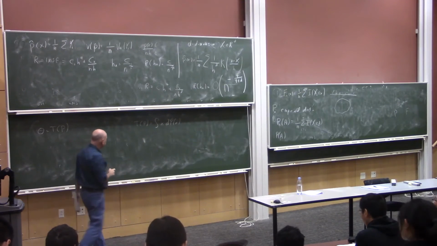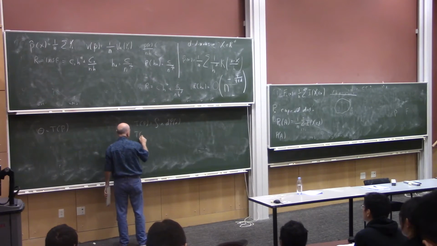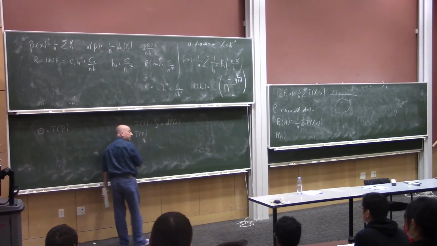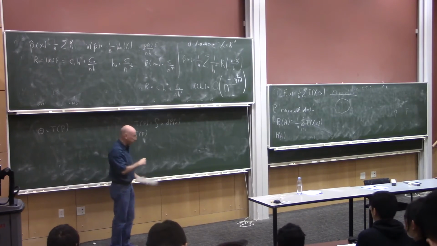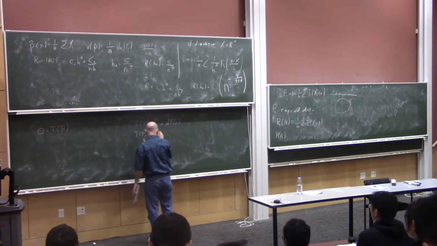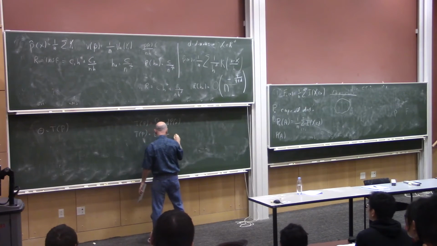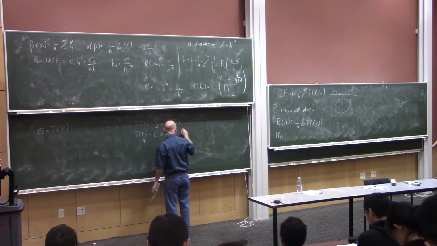Another functional would be the variance. You can think of that as a function of the distribution. Why? Because I can write it as the expected value of X squared minus the expected value of X, squared.